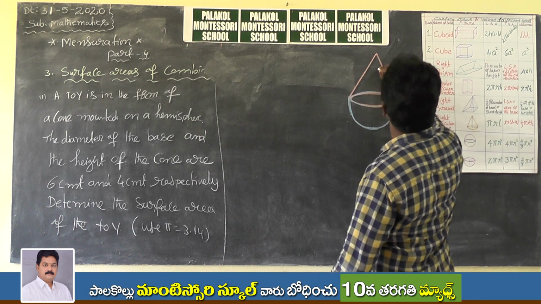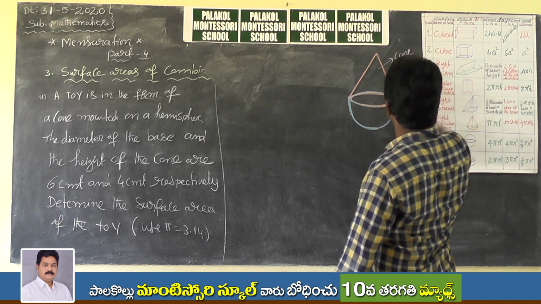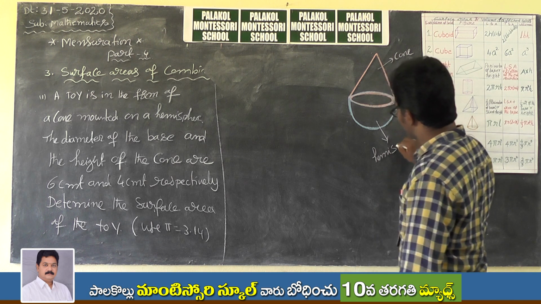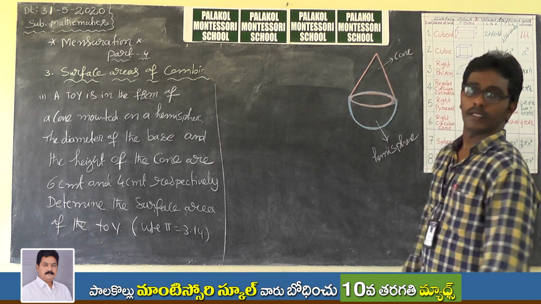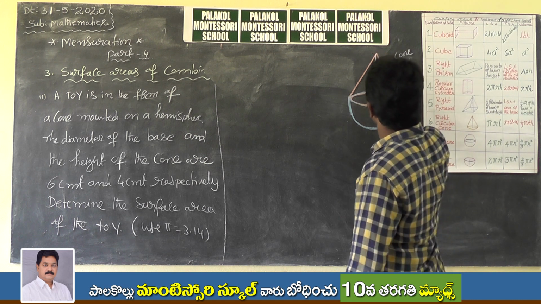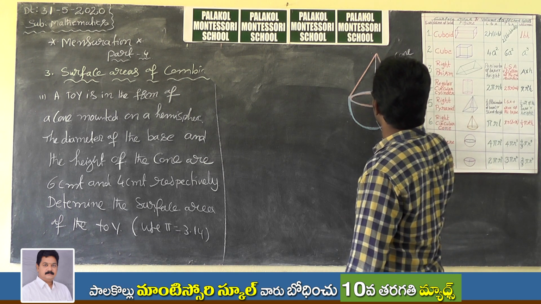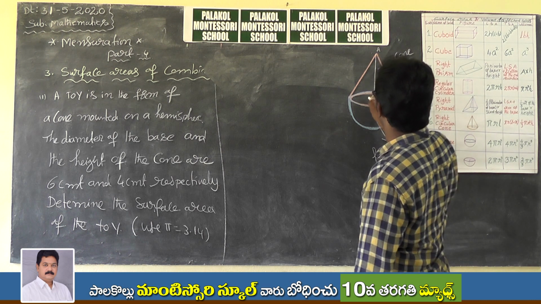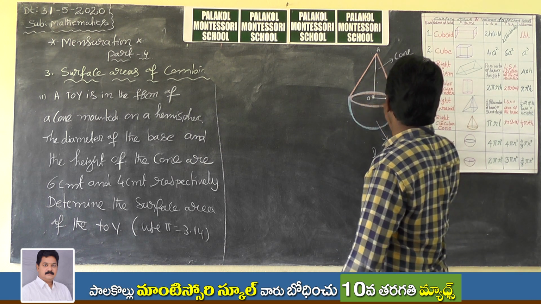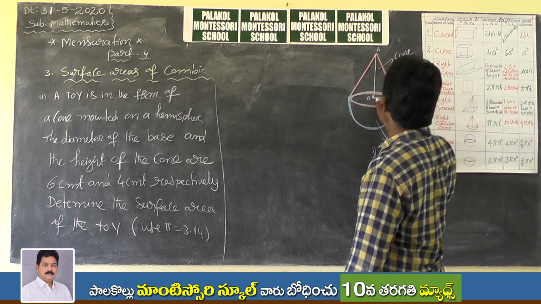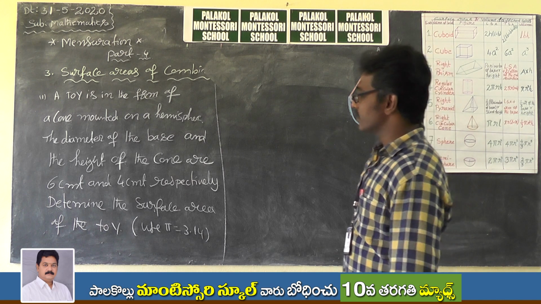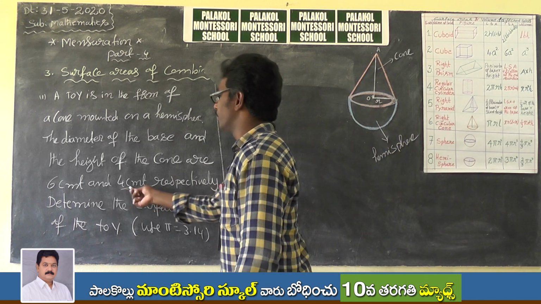This one is a cone and this one is a hemisphere. First, identify the measurements. This is the height of the cone, and this is the radius of the cone.